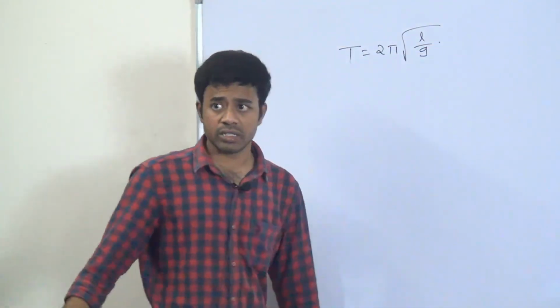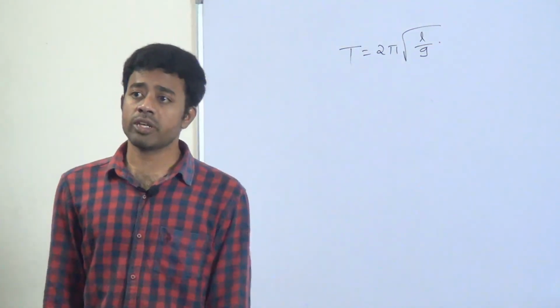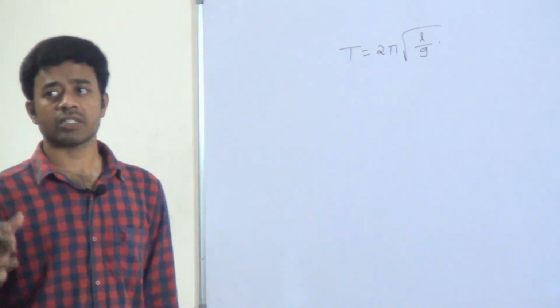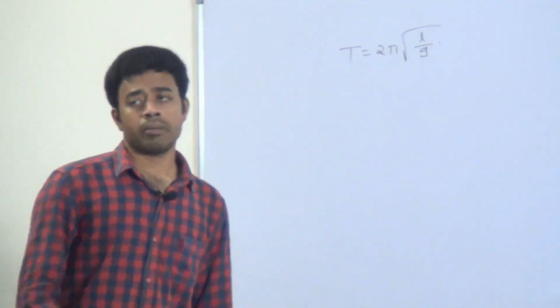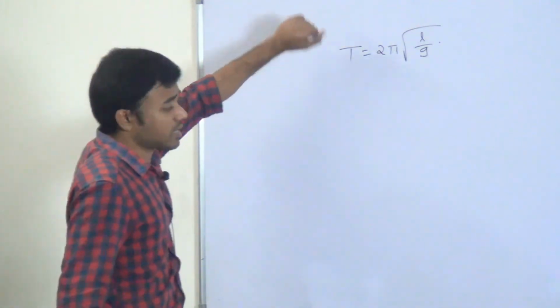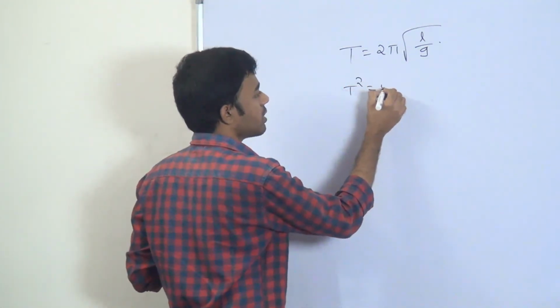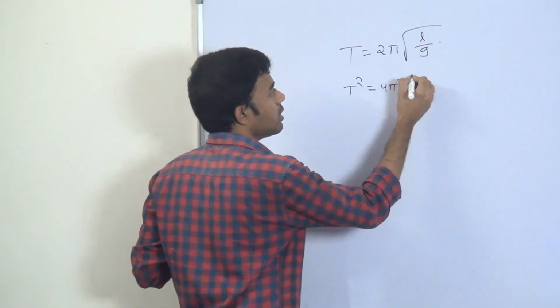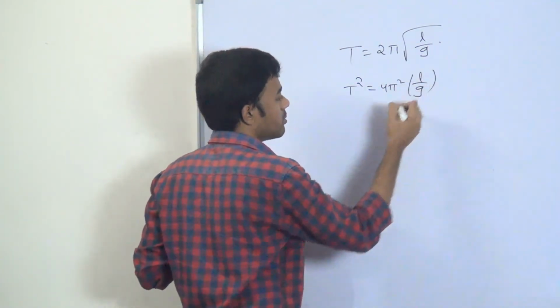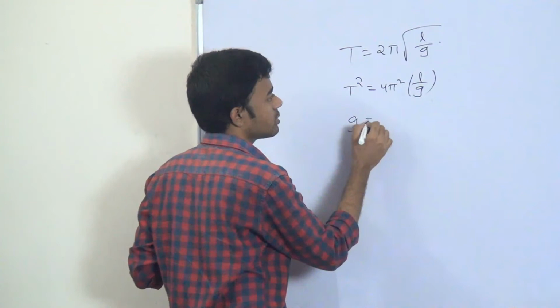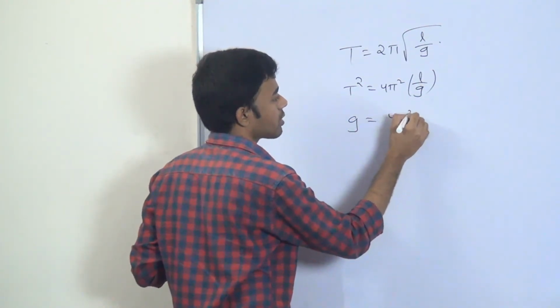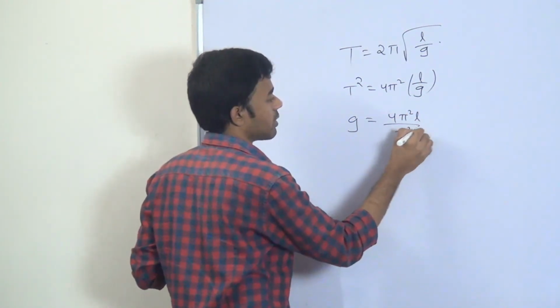But now he is asking the error in the measurement of small g, which is acceleration due to gravity. Squaring on both sides, T squared equals 4 pi squared into L by g. From this you can have the value of g as 4 pi squared L by T squared.